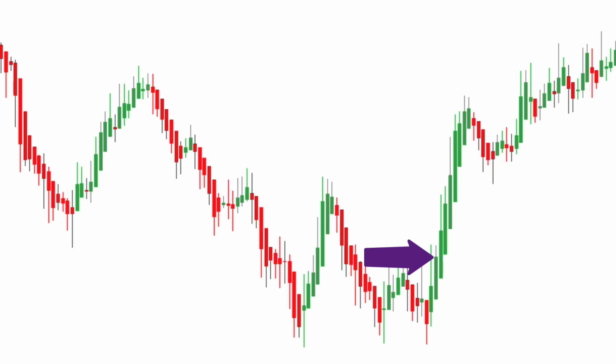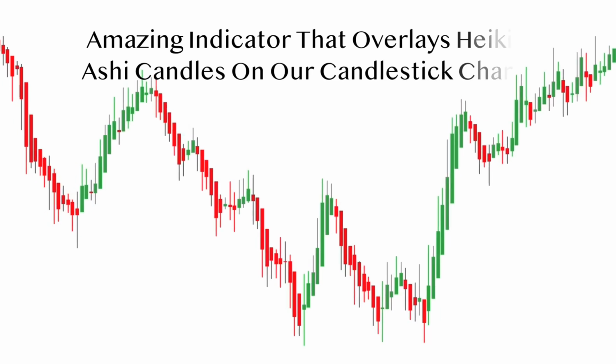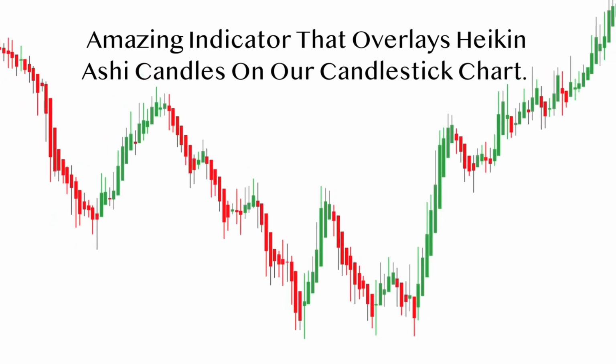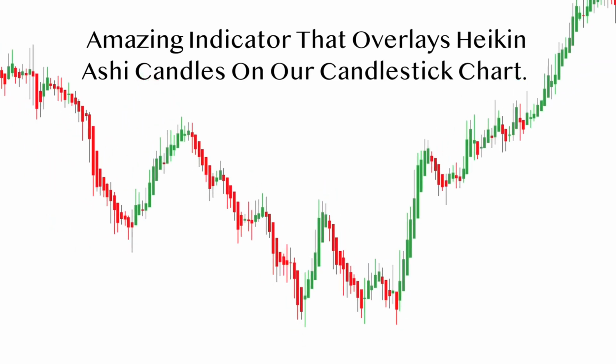Because of this, in practice, Heikin-Ashi candles can be misleading, because when you want to enter or exit a trade, they don't represent the actual price of the market, unless you are a midterm or long-term trader, in which case you don't care about the exact price. Now in this video, I want to introduce an amazing indicator that overlays Heikin-Ashi candles on our candlestick chart.